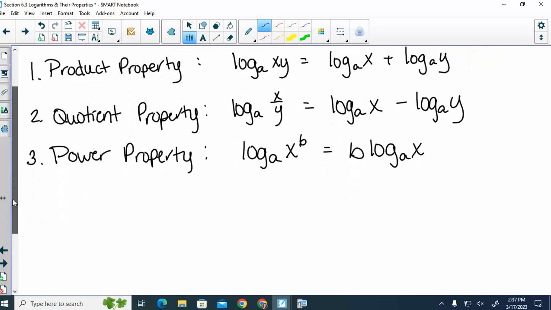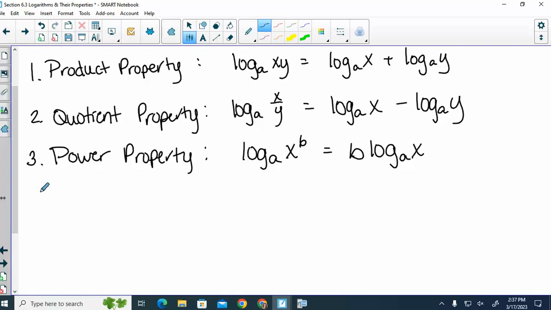The last two properties that we're going to use don't really have names, but they have to do with the fact that the exponential and log are so closely related. We are going to find out as we deal more with our logs that logs and exponentials are actually inverses of one another. They just reverse the x and y, they're opposites.